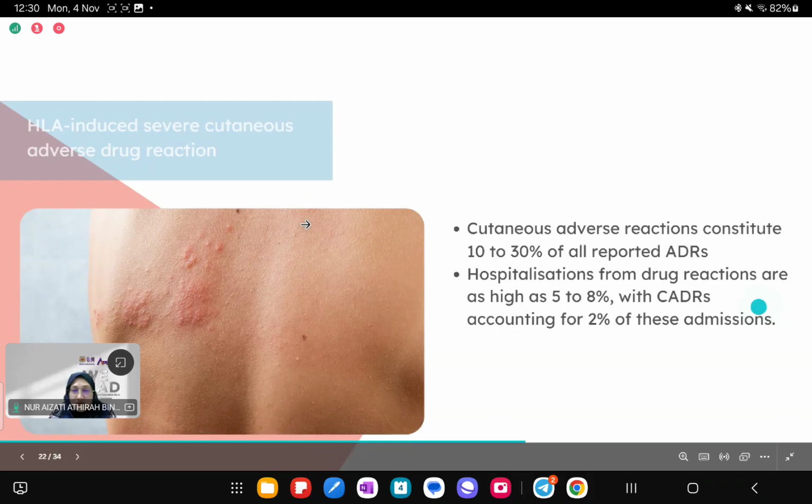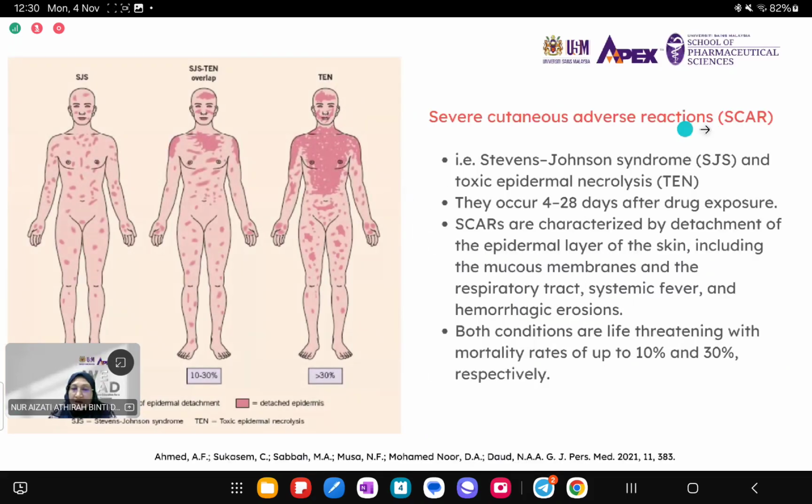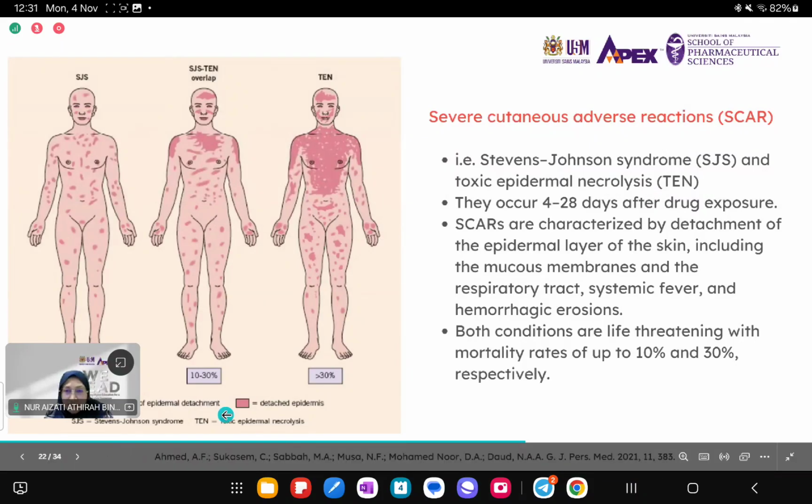Okay, let's go further. Okay, SCAR reaction. There are several types of SCAR reaction. Examples are Stevens-Johnson syndrome, SJS, and toxic epidermal necrolysis, TEN. I think you have covered this before, but if not, SJS and TEN have similar representation, but the difference is the coverage of the body.